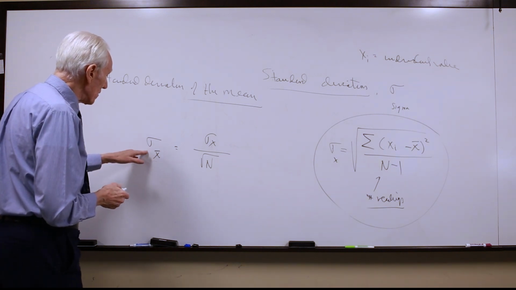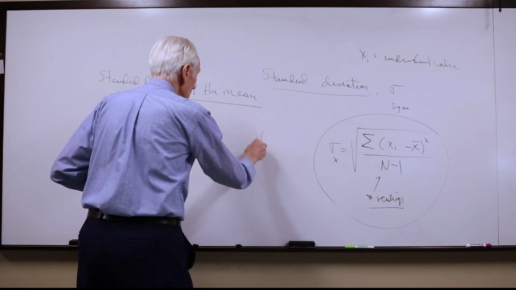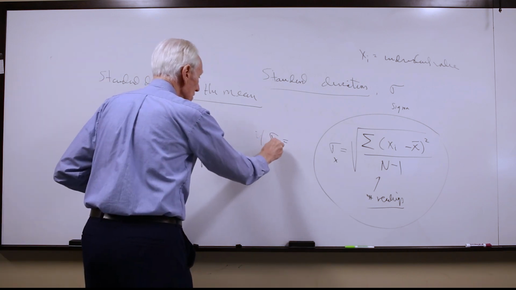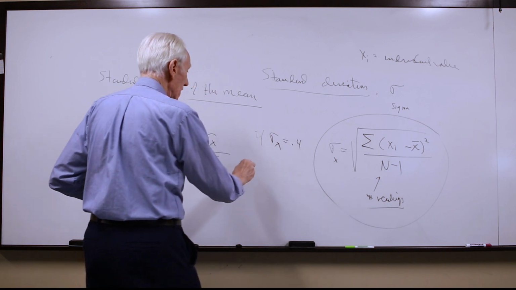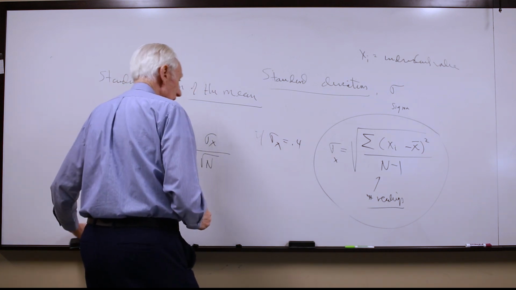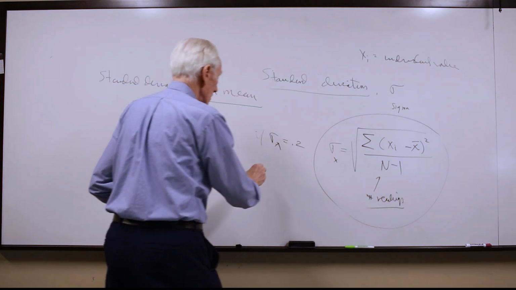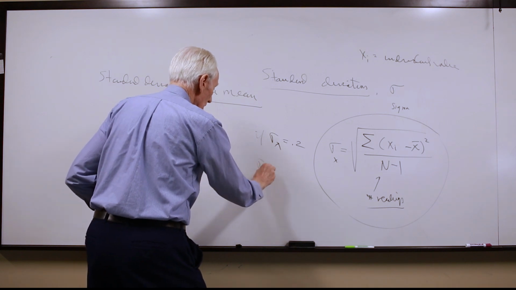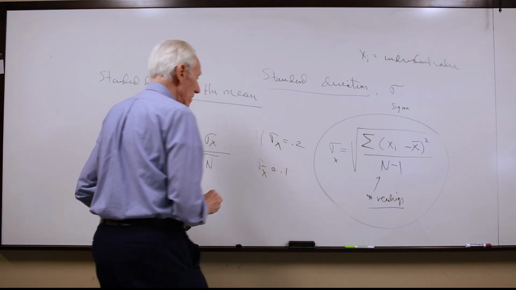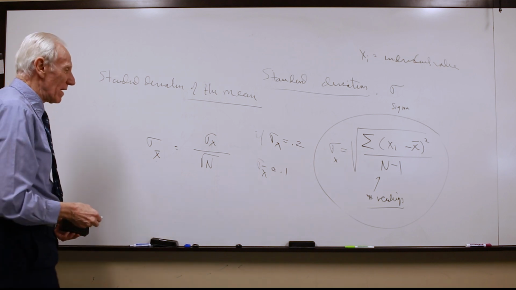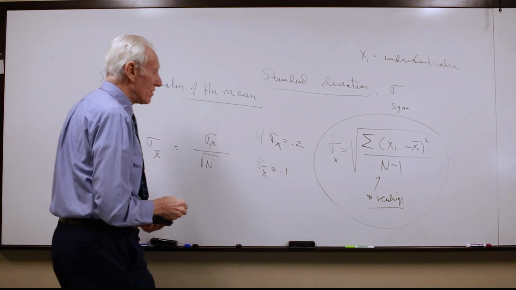So this standard deviation of the mean is going to be smaller. If sigma sub x was 0.2, which it was, then sigma x bar is going to be about 0.1, a little bit less than 0.1 perhaps. But this is a little bit more than 0.2 actually.